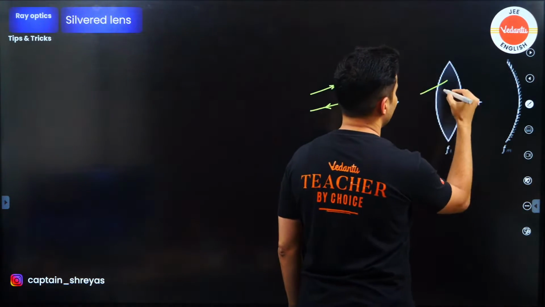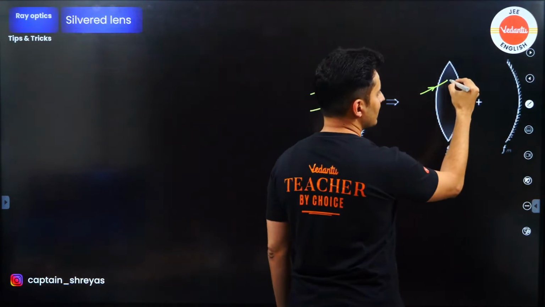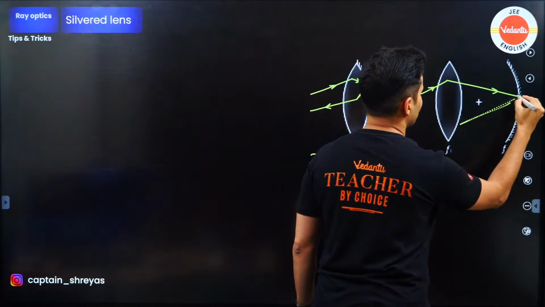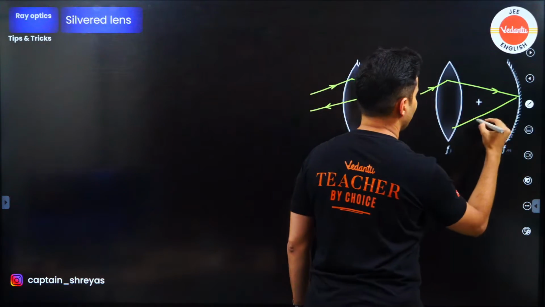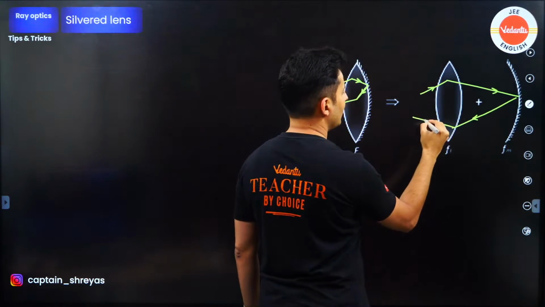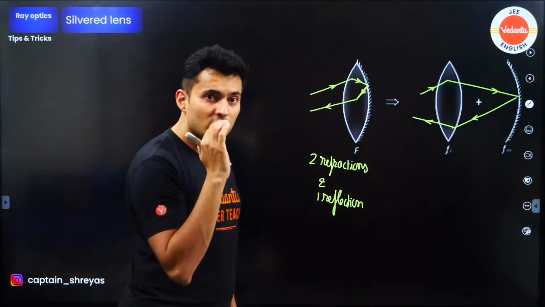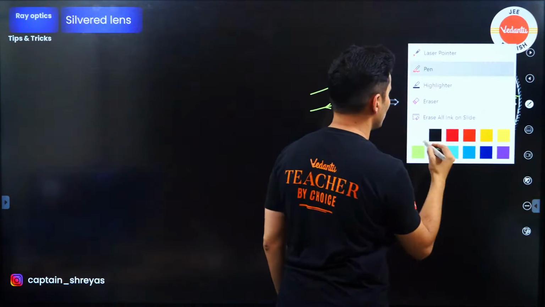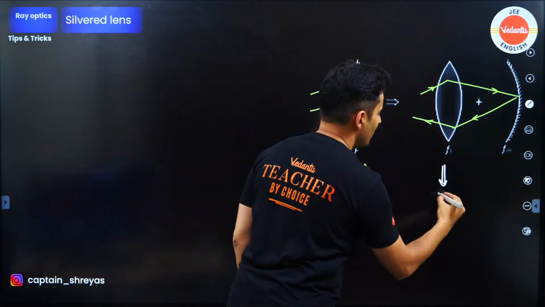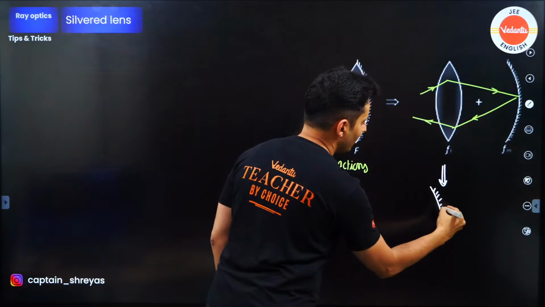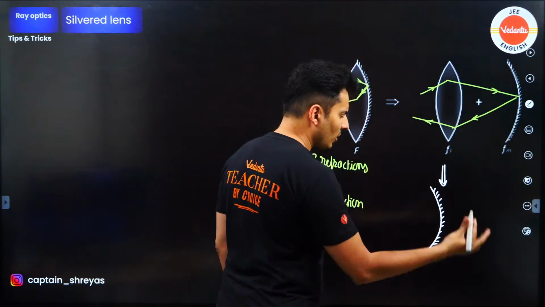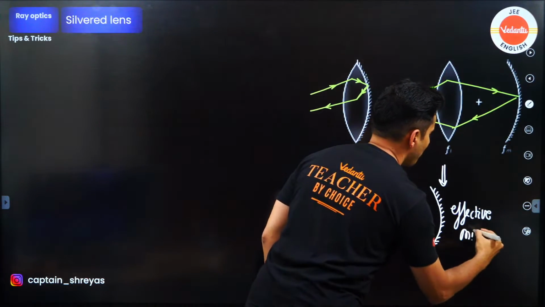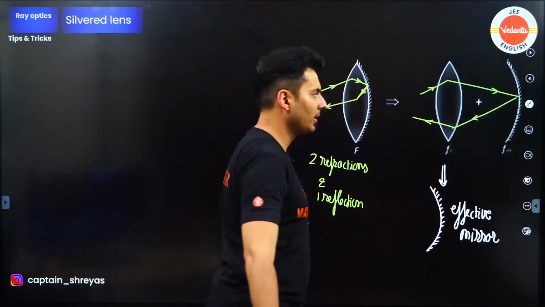So what happens is this ray enters the lens, it gets reflected from the mirror, and finally it again gets refracted by the lens. So this entire combination finally behaves like a mirror. It could be convex or concave. So this is the effective mirror which is going to be formed.